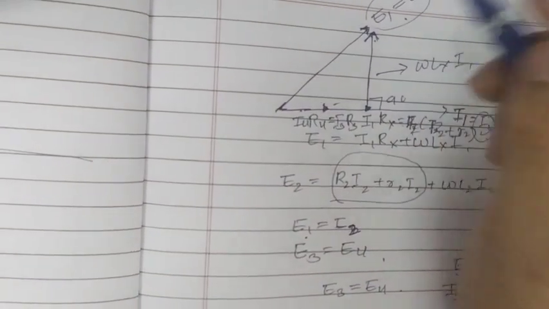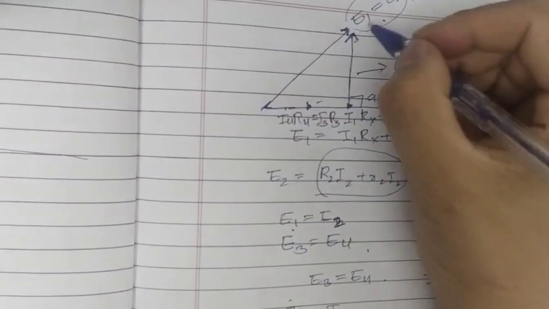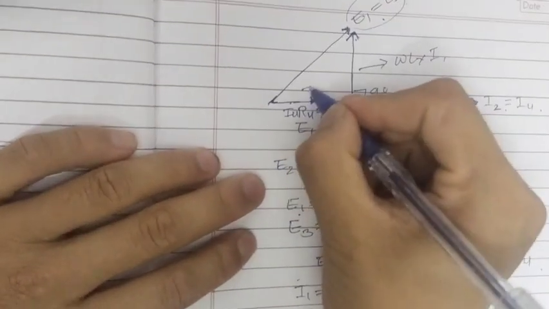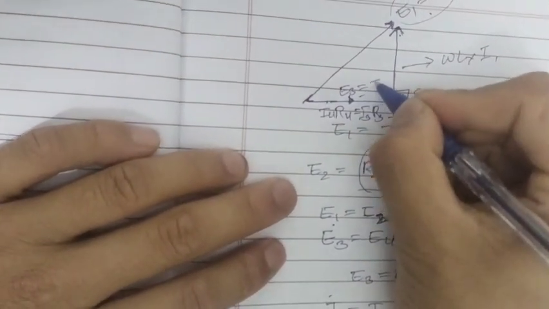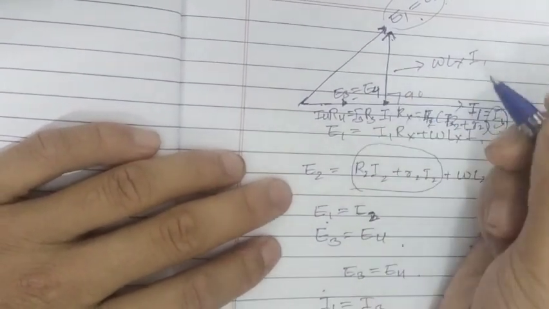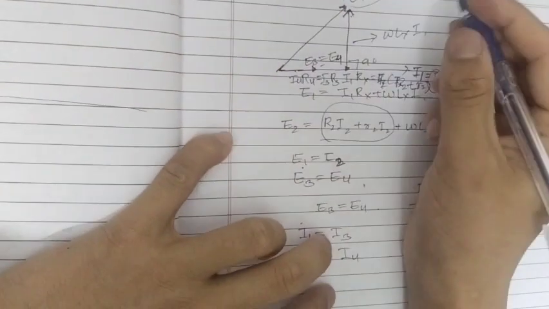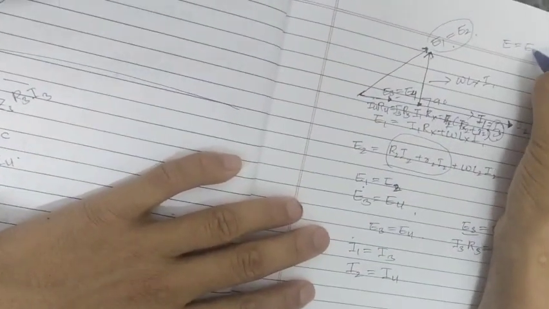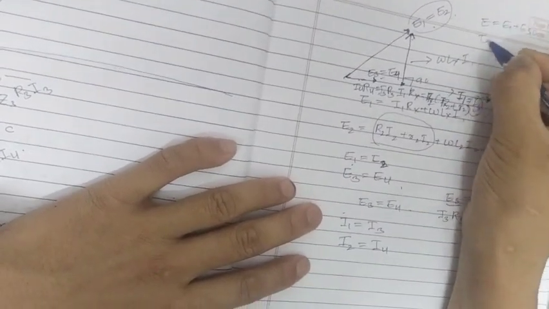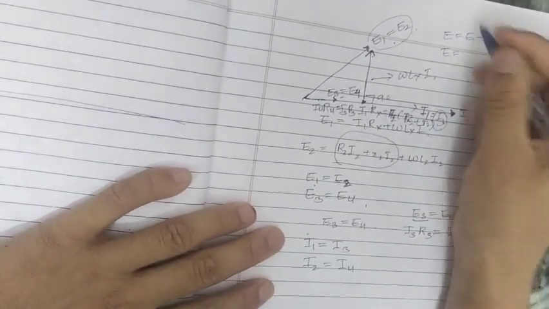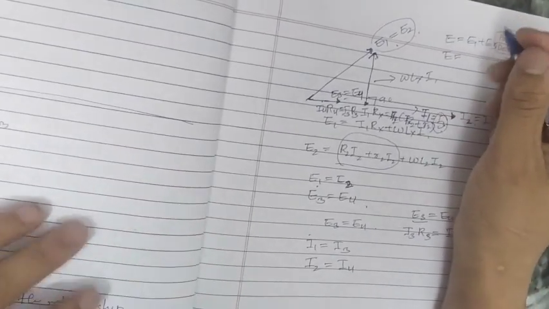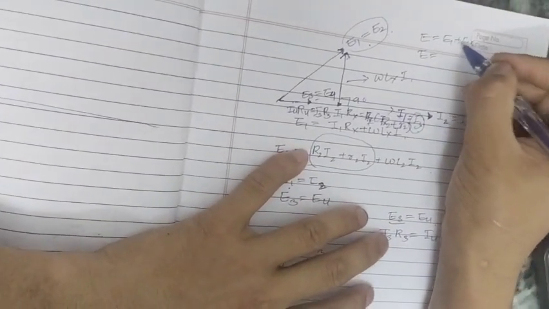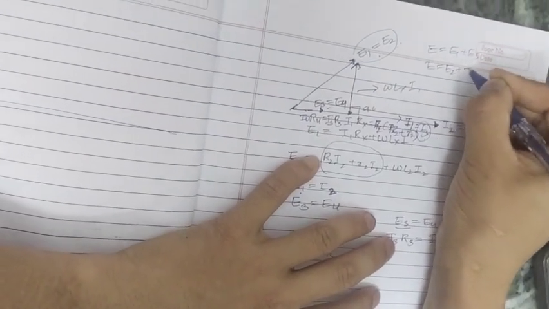for the Maxwell inductance bridge. Here you can see that we have shown E1 is equal to E2, and we have shown that E3 is equal to E4. So now the overall AC voltage is given by E equal to E1 plus E3, and to calculate the overall AC voltage for the Maxwell inductance bridge, it is E1 plus E3 and E2 plus E4.